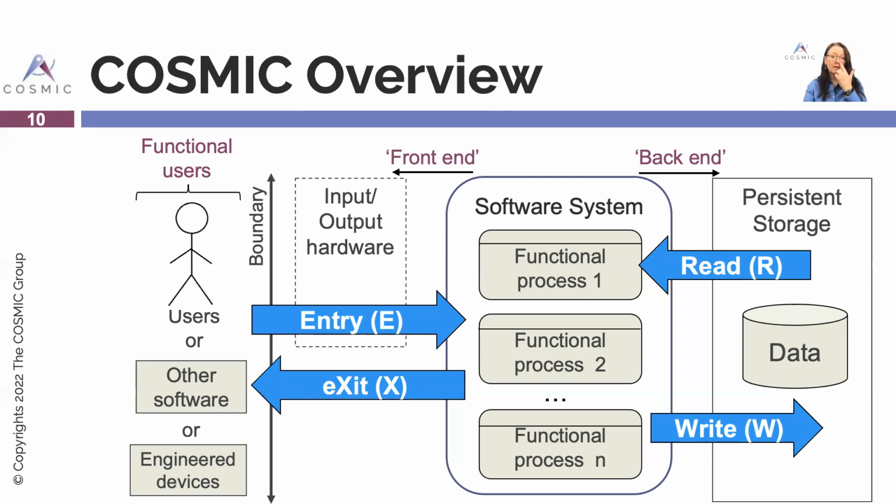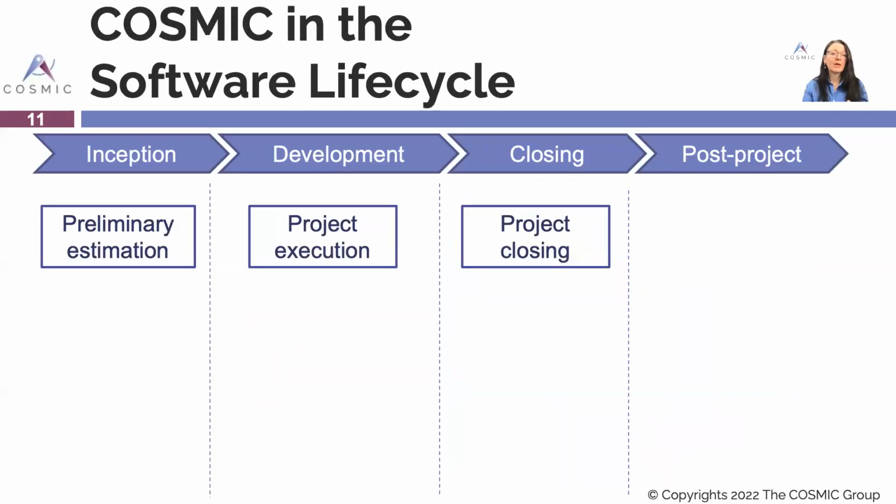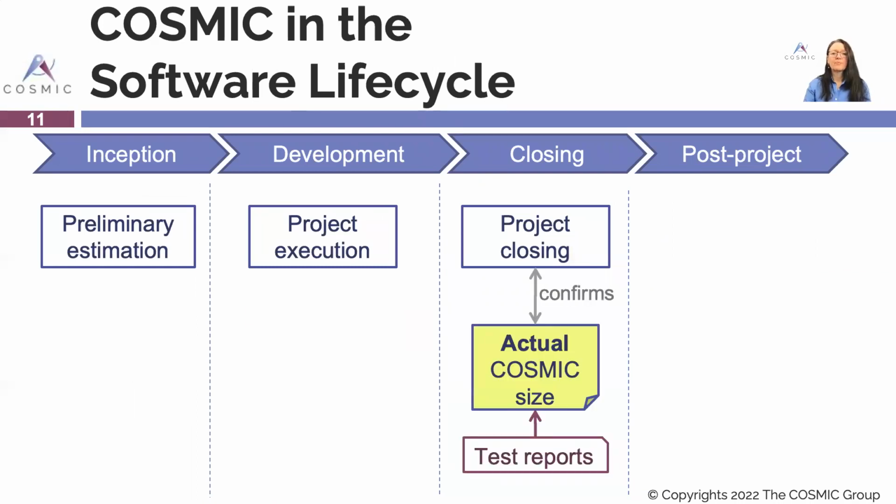Now, when should we measure? Well, suppose a simple software lifecycle, and you have, let's say, a couple of projects that have been closed. The actual COSMIC size can be confirmed at the end of the project.